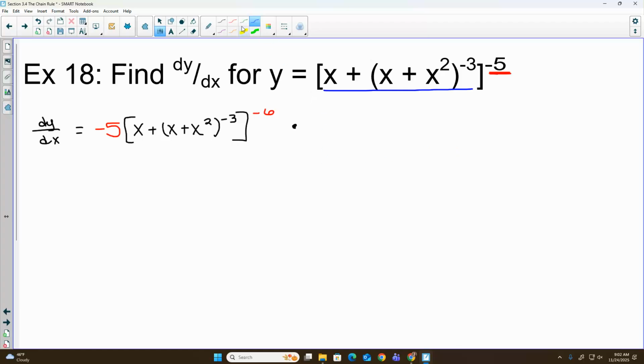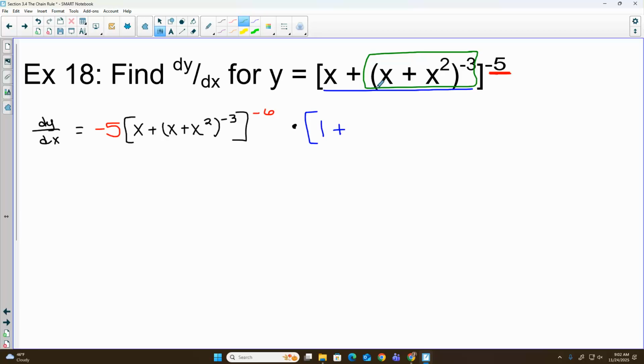So to do that, the derivative of x is 1 plus. How would I do the derivative of this expression? Distribute. Well, it's an exponent.